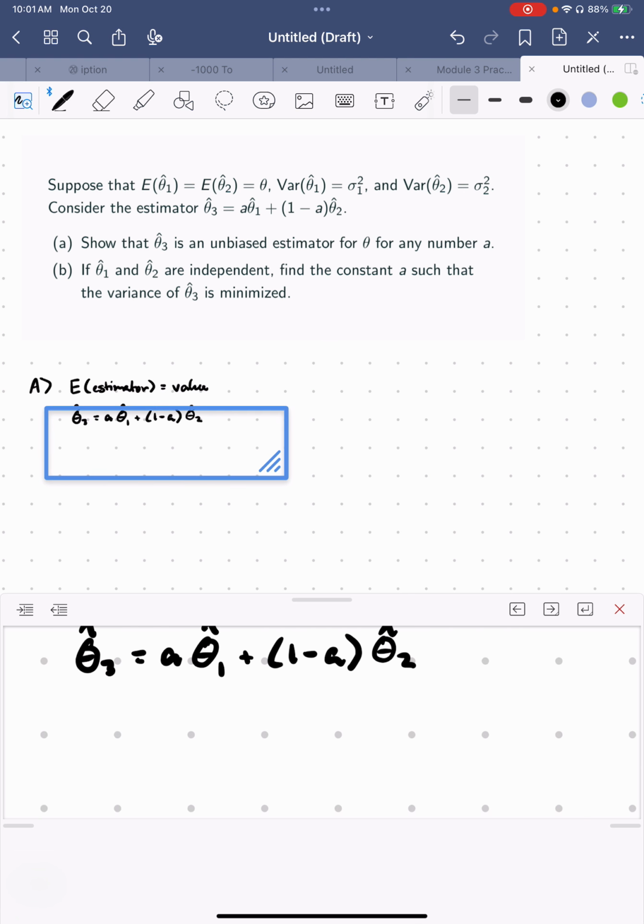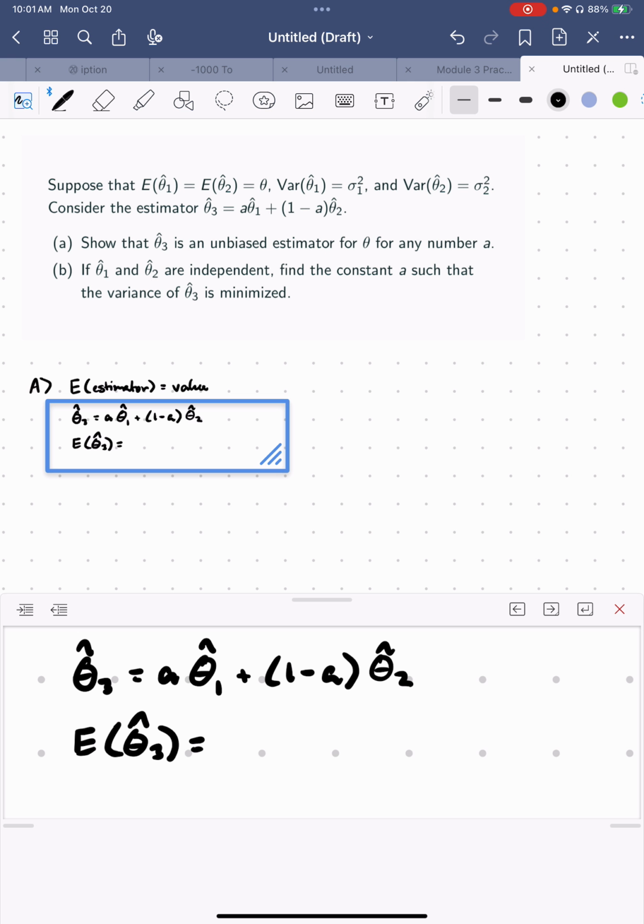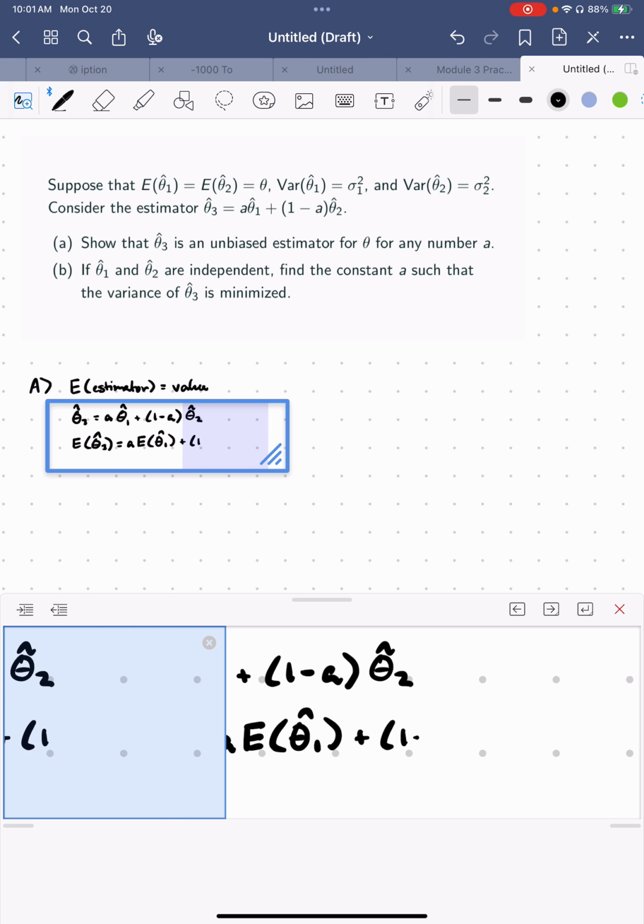So we have expected value of theta hat 3, which is equal to A times the expected value of theta hat 1 plus 1 minus A times the expected value of theta hat 2.